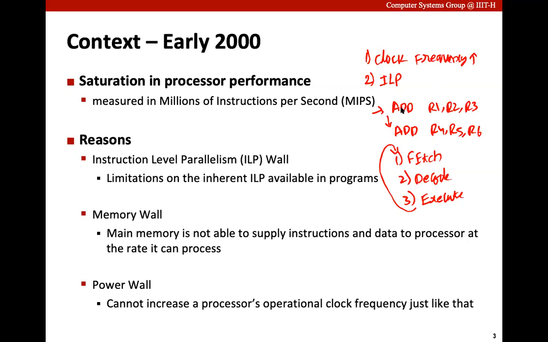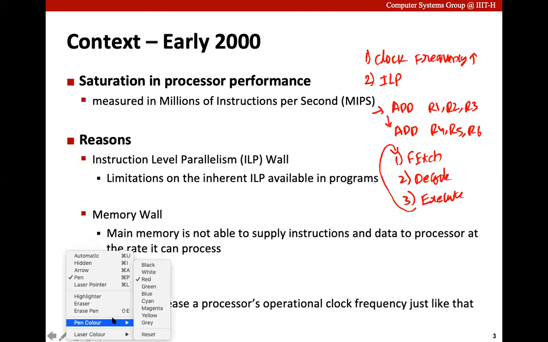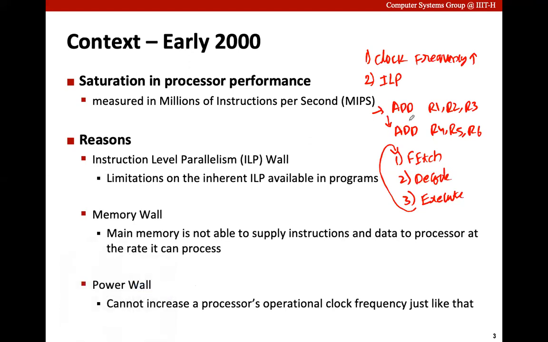So it has some semantics, and while respecting those semantics, the processor can do anything. For example, these two instructions can be executed in parallel. But on the contrary, let's say here you have register R5, and then here also you have register R5, then there is a dependency from this register to this register.